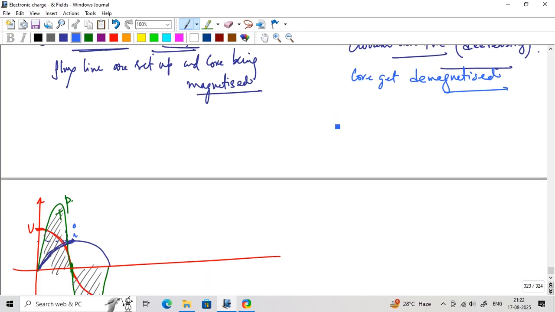Okay, now name the next diagram. So the current in the opposite direction. This is figure number 3.